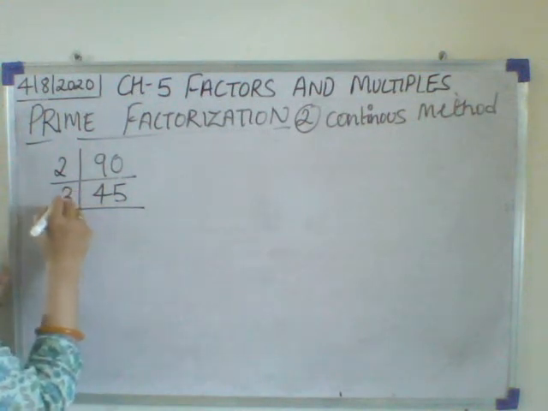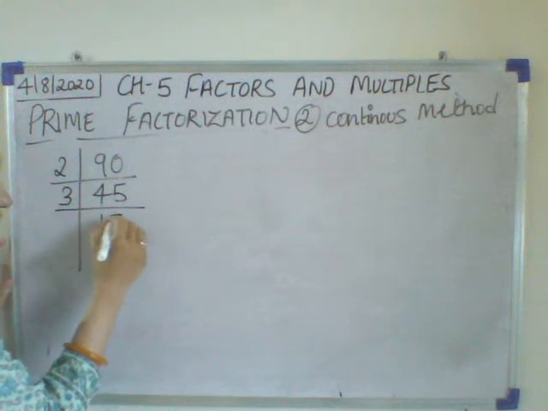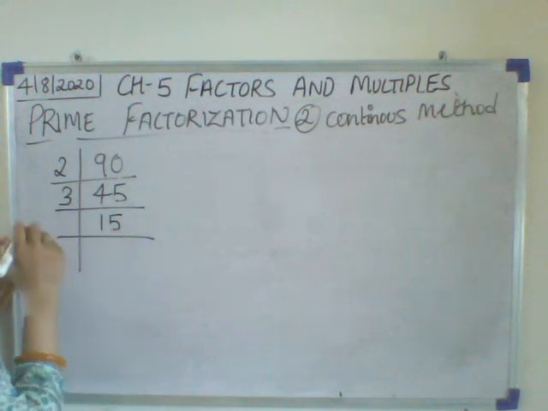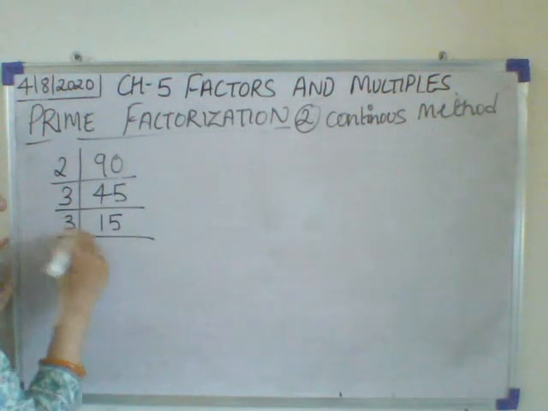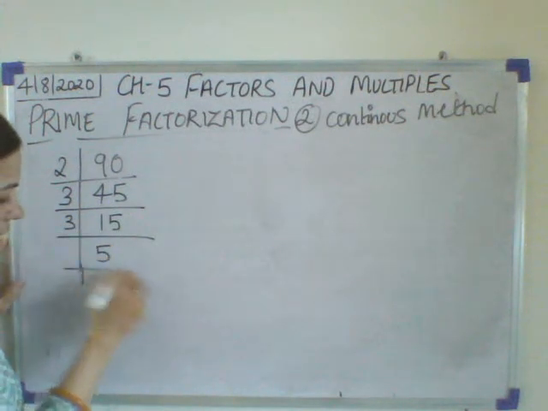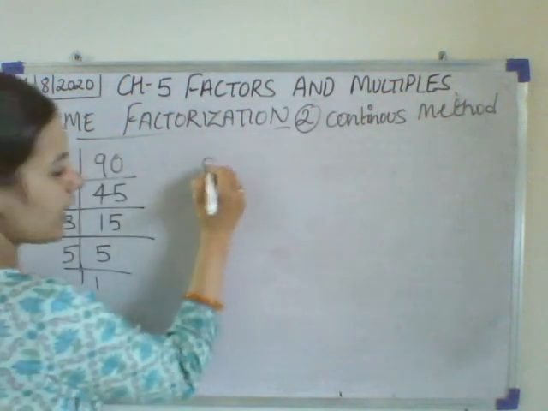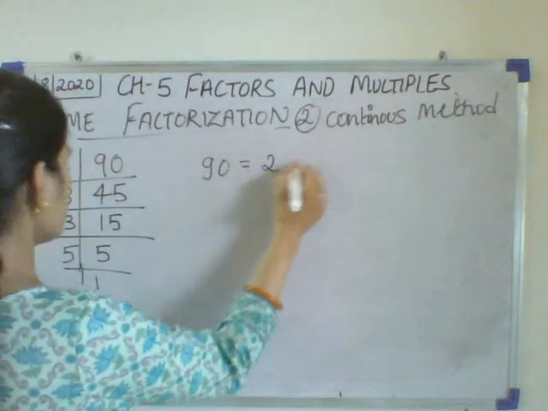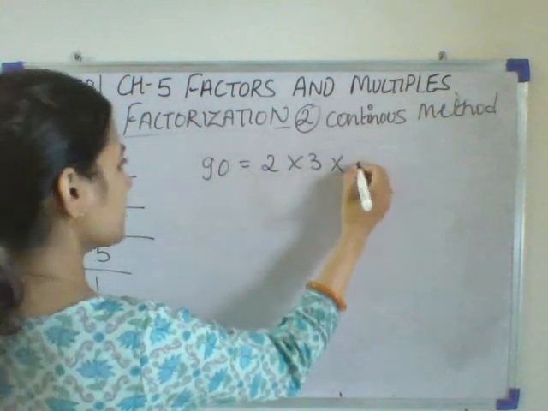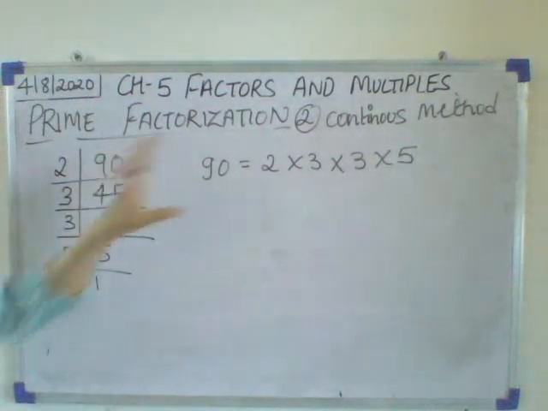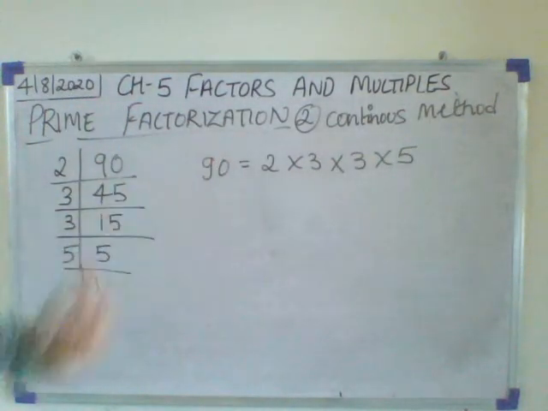So I am writing here 3, 3 ones are 3, 3 fives are 15. Now this 15 is divisible by 3, 3 5s are 15 and 5 ones are 5. So the prime factorization of 90 is 2 multiplied by 3 multiplied by 3 multiplied by 5. This is by the continuous method.